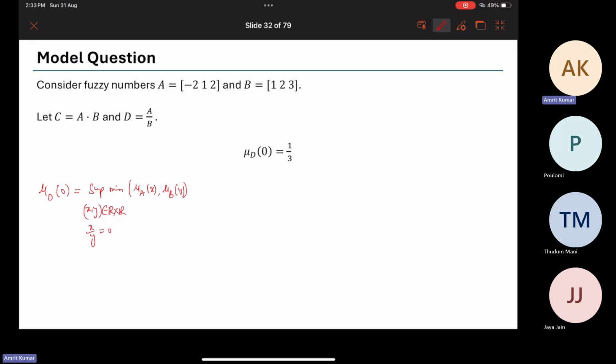If we can find x in the support of A and y in the support of B such that x by y is equal to 0 and both their membership functions are greater than 0, in that case we'll be able to contradict.